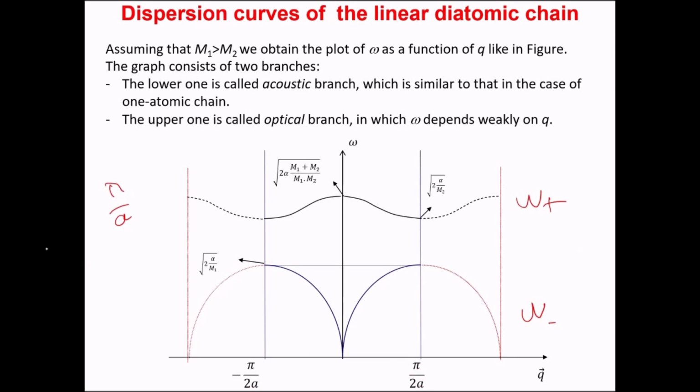That's enough for pi over a, right? And we consider the dependence on the solid curve only. So every state of vibration of omega on Q can be described in this area, in this area only. Okay, so we have two branches.